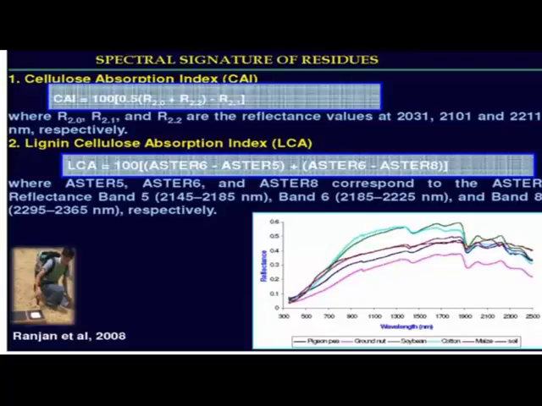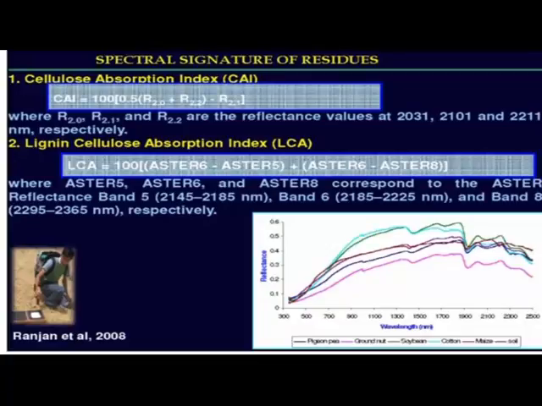Like when the plant is harvested and a residue is there, how much of that residue is sequestered in terms of carbon. That can be done, whatever sequestration model you use. In that case, one can enforce these indices, CAI and LCA, which are derived again from hyperspectral remote sensing data or the reflectance bands, to know how much carbon is sequestered on a regional scale.